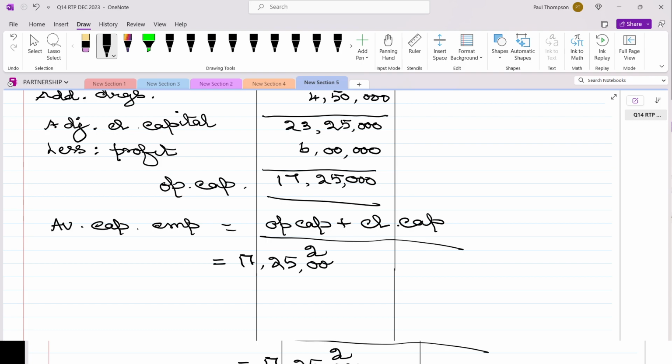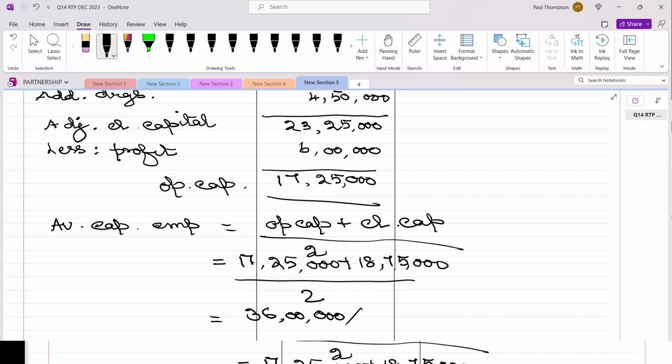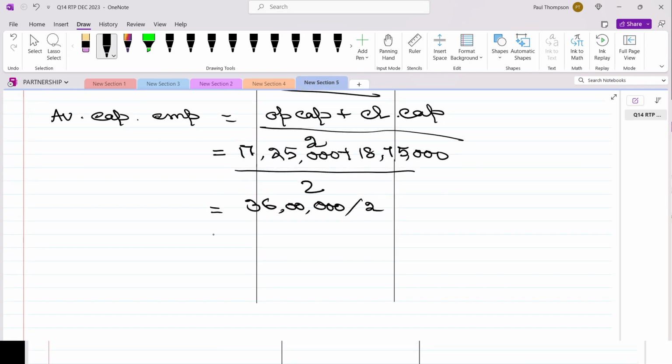You add to this the closing capital, that is 18 lakh 75,000. 75 plus 25 is 100, and the total comes to 36 lakh, divided by 2. So the average capital employed is equal to 18 lakh.